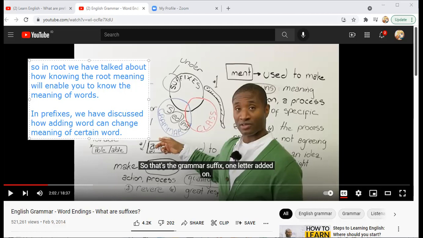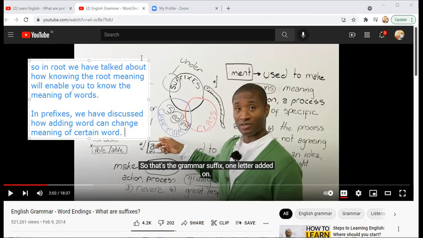Jadi di prefix ya, kata awalan, kita sudah mendiskusikan bagaimana kalau misalnya kita add suatu kata awalan itu dapat merubah meaning, merubah arti dari suatu kata tertentu, ya kan?